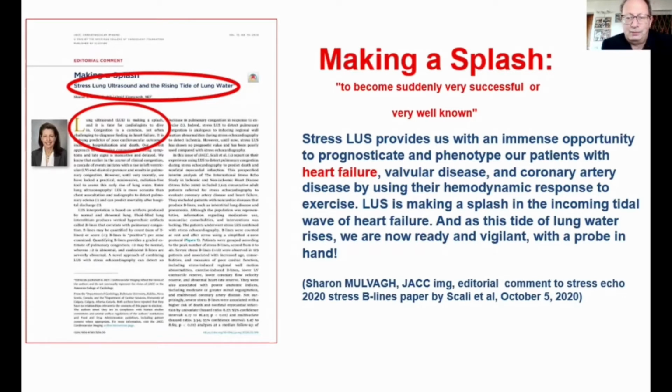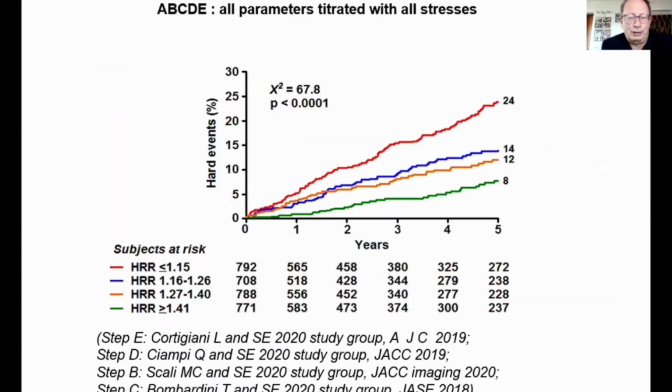And as the tide of lung water rises, we are now ready, vigilant, with a probe in our hand.